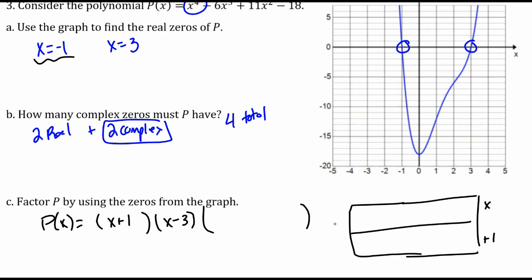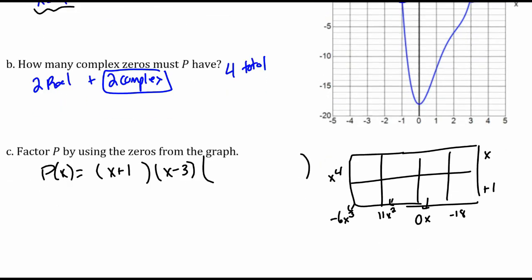So I've got x to the 4th. Is that a minus or a plus? I drew over it too well. Minus 6x cubed, 11x squared. Warning, warning, warning. 0x and negative 18. So let's see what I get here. I've got an x cubed, minus 7x cubed, negative 7x squared.